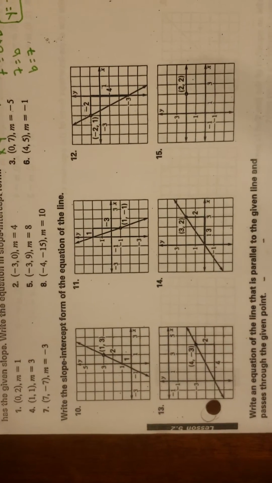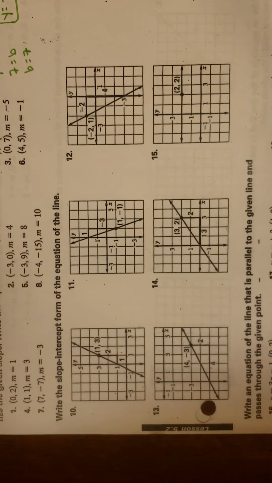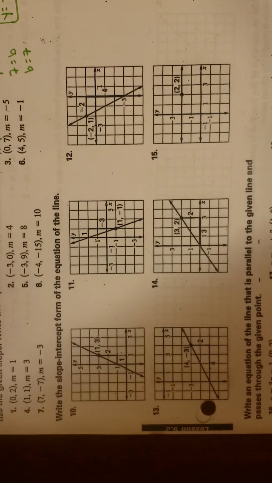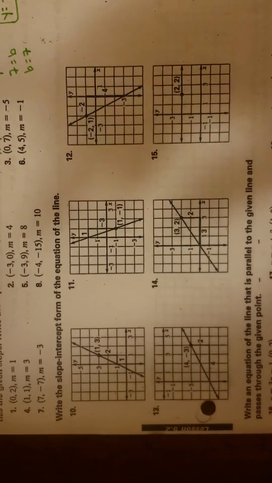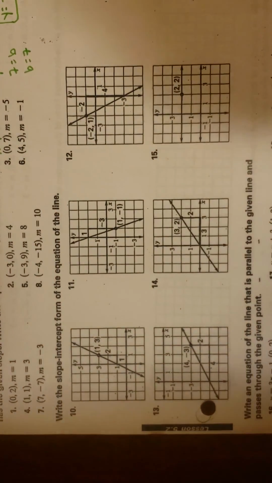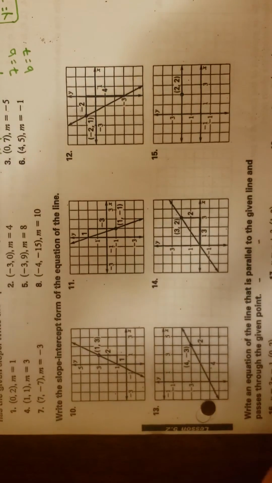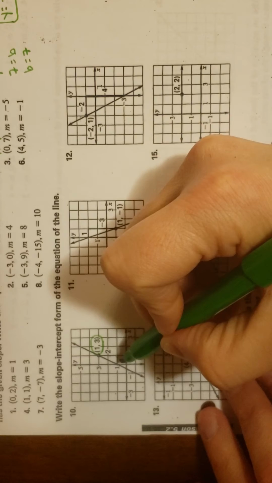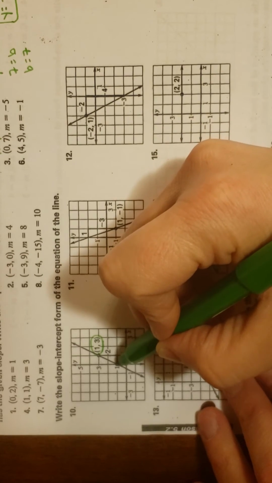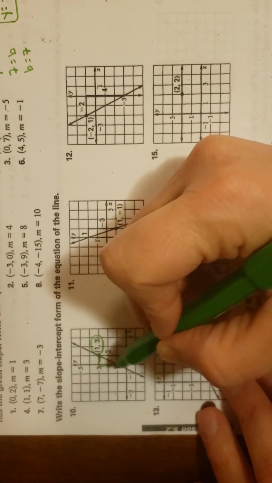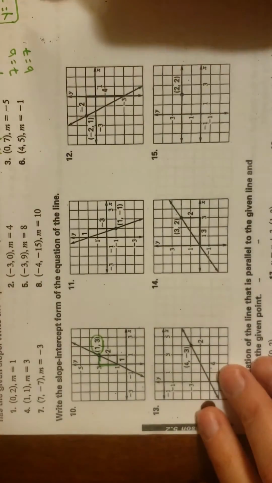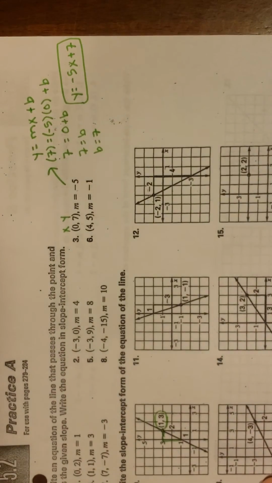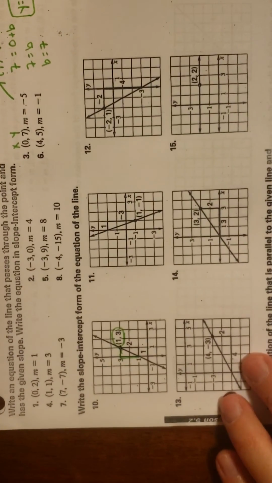Okay. For here, this is write the slope-intercept form of the equation of the line. This is just like what we did in the previous section. What it's asking you to do is to use this point and to count out the slope, so up 2, right 1, and follow this same process here. But in my world, that's really silly.